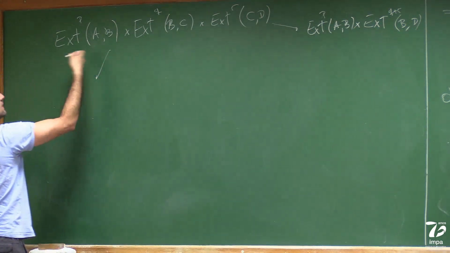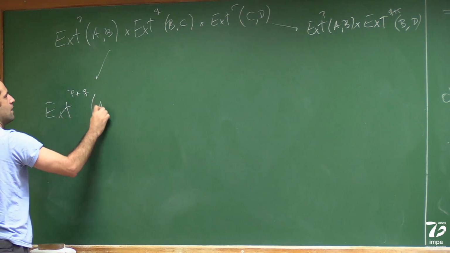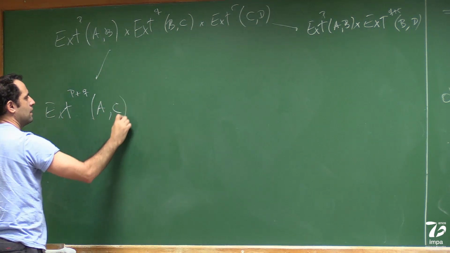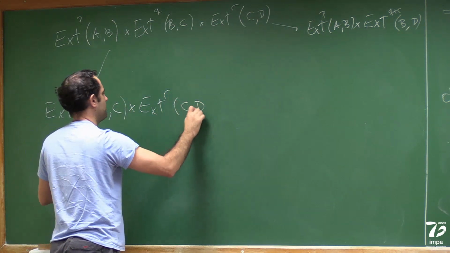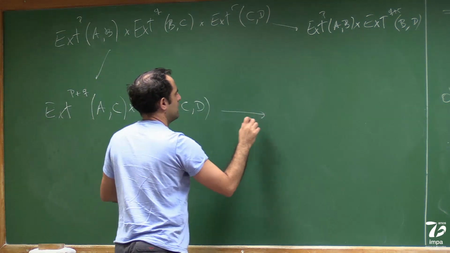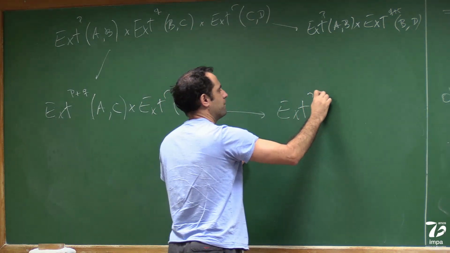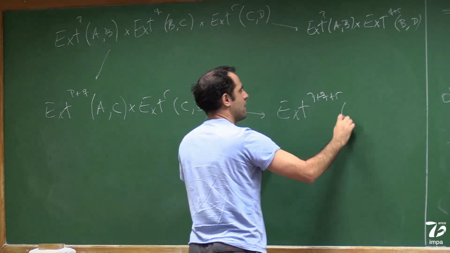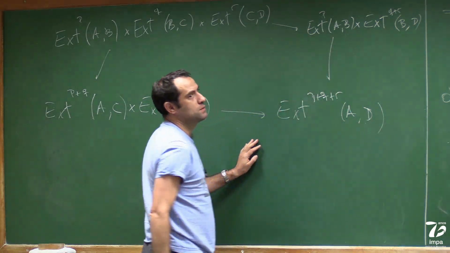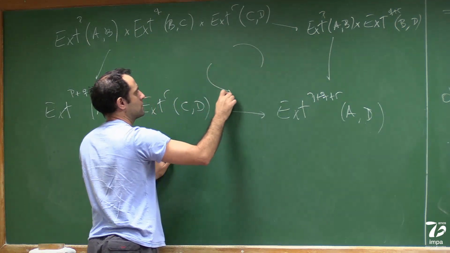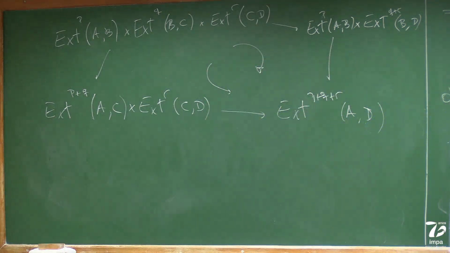Or you can multiply these two to Ext^{P+Q}(A,C), Ext^R(C,D), and multiply now these two to Ext^{P+Q+R}(A,D). Or multiply those two here, and this diagram commutes. So in that sense, that composition, and this is just the associativity of the composition.